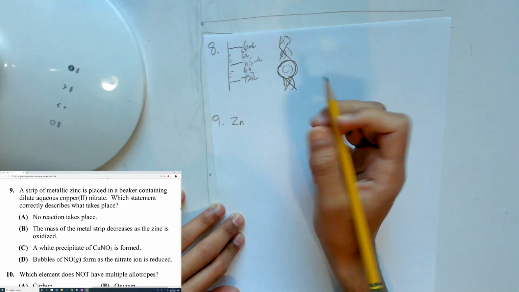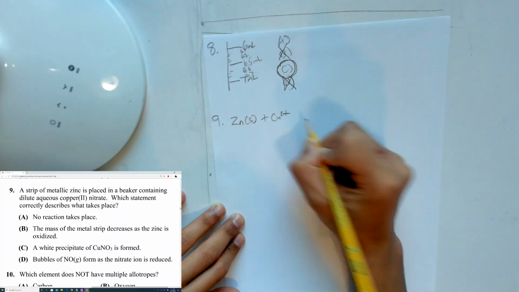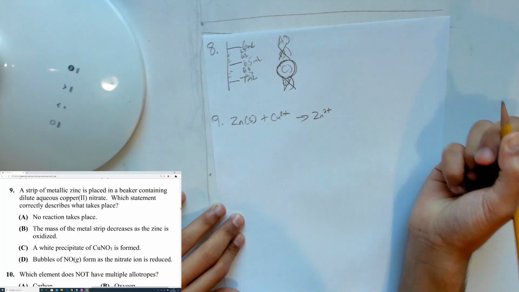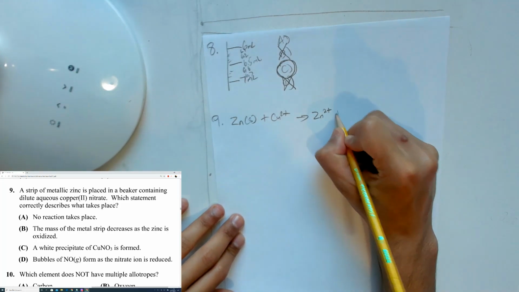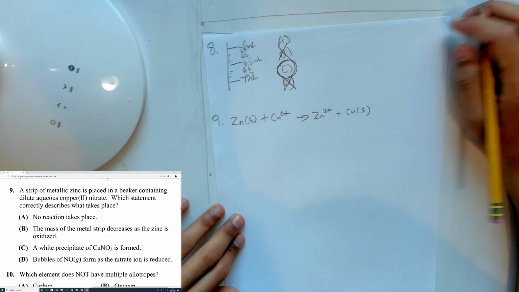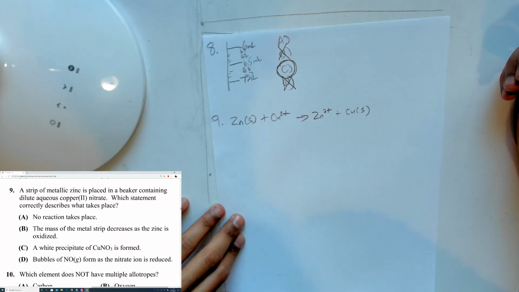So we have zinc solid plus copper 2+. Zinc will get oxidized and become the zinc 2+ cation. And then copper will get reduced. So which of our options will match this equation? No reaction, we can cross it out. I just wrote down the reaction. The mass of zinc metal strip decreases. Yes, it did.